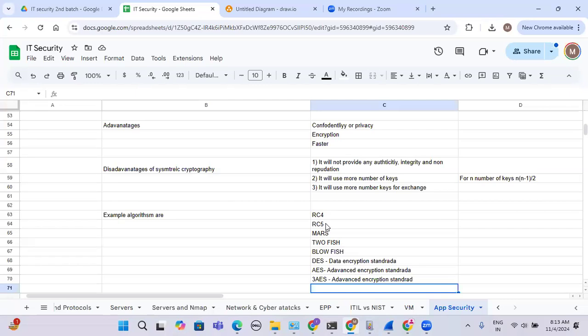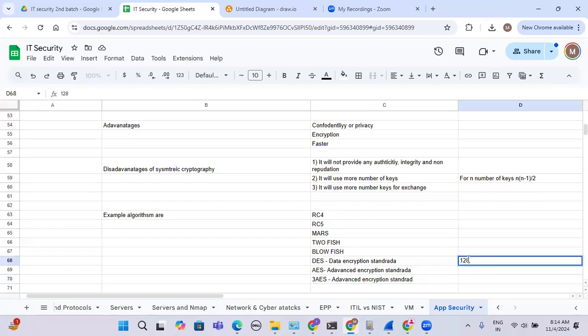In case you want to use the symmetric side itself, which one should we use? Either we can use DES or AES or 3DES. Why? Because it will support 128 bit and 256 bit.